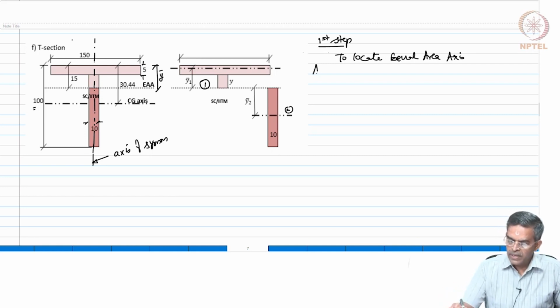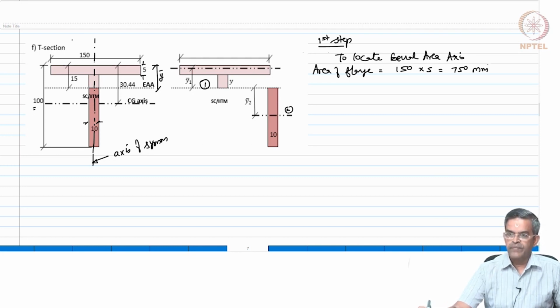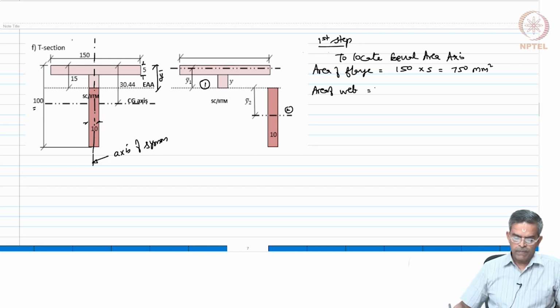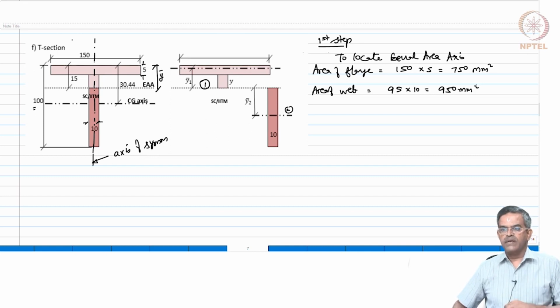Let us find out area of the flange, which is 150 into 5. Let us find out area of the web, which is 95 into 10, which is 950. So, area of the web is more than the flange. Therefore, the equal area axis has to lie at a distance y bar down into the web.